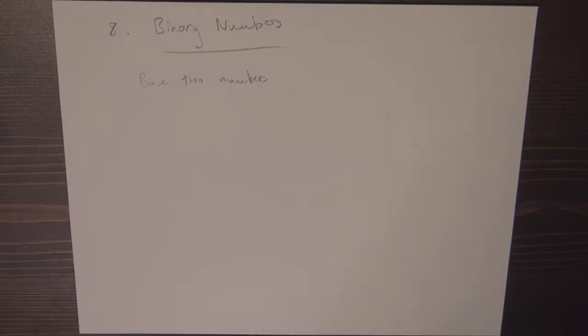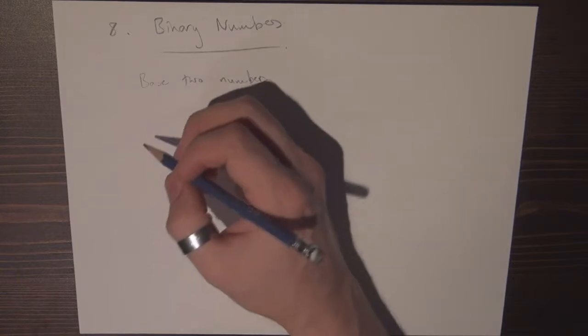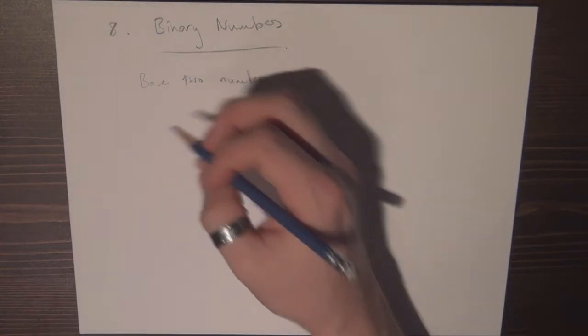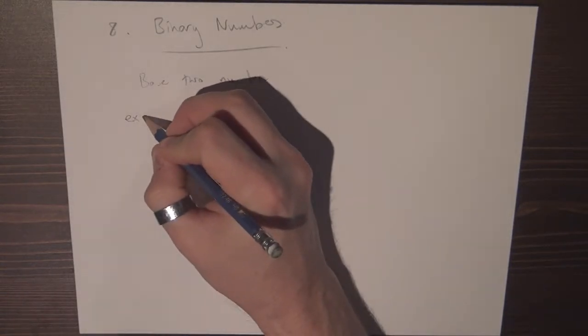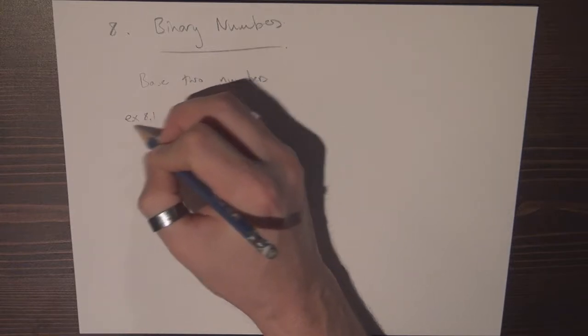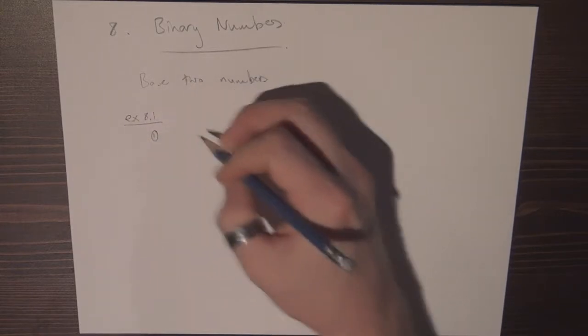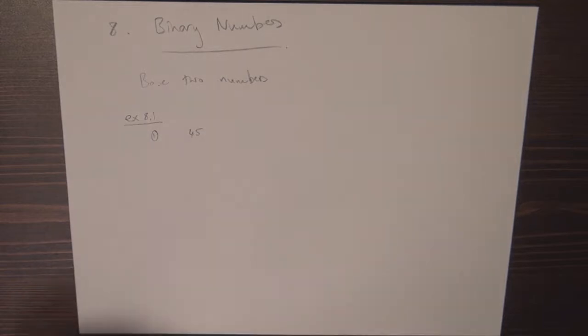So one thing to notice is that just like how I broke a number into pieces based on powers of 5, I can do the same with powers of 2. For example, we're just going to do this by example. I'm looking at exercise 8.1. The number 1 is 45.